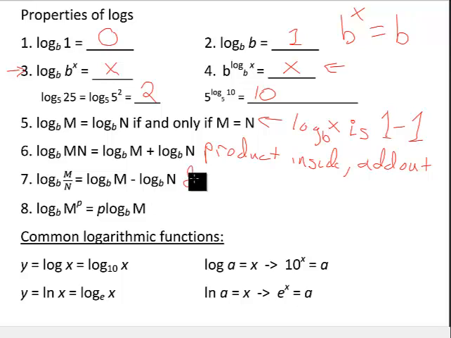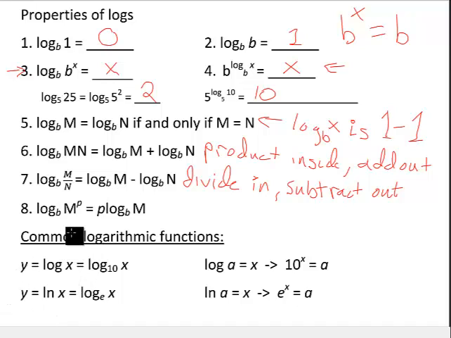So if you divide inside, you subtract outside. And when I say outside, I just mean the outside of the logarithm. Okay? So we can go both directions, and we will. We can take something like this and expand it out, or we can take something like that and compress it down like so. Okay?